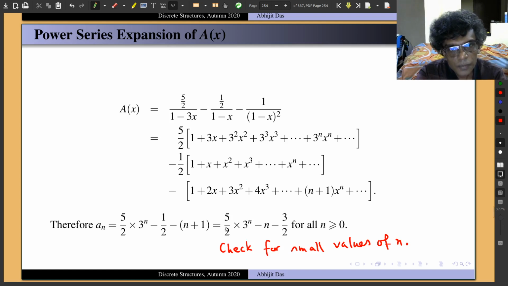Fine. So using this trick, I could generate an explicit closed form formula for an for all values of n greater than or equal to 0. So we will see a couple of more complicated examples.